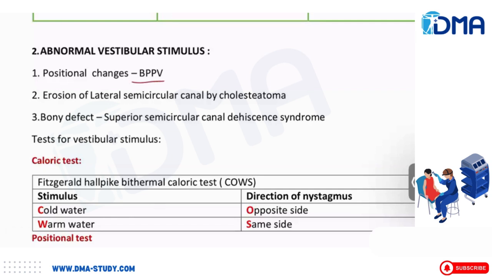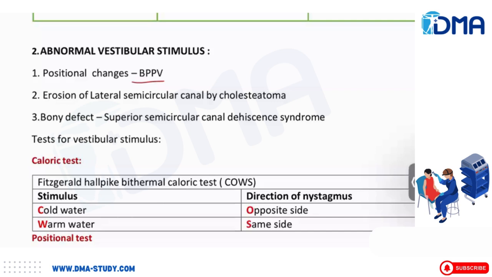Or, as I have already told you, you can see the lateral semicircular canal through the medial wall of the middle ear. So with that note, cholesteatoma could erode the lateral semicircular canal and cause abnormal vestibular stimulus. These are the conditions in which vertigo stimulus is created without actual necessity.